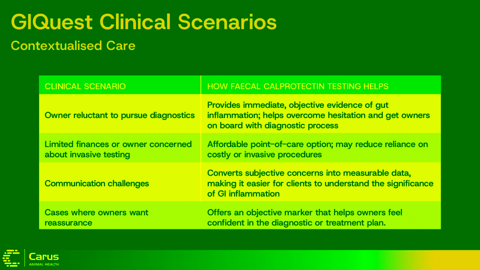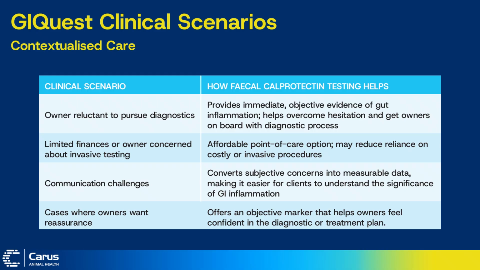And sort of leading on from that financial barriers discussion, I think we can really use GIQuest in contextualized care. This is a really important area of veterinary medicine, especially nowadays when we've got less insurance around and people are facing a cost of living crisis. These are things we need to think about.